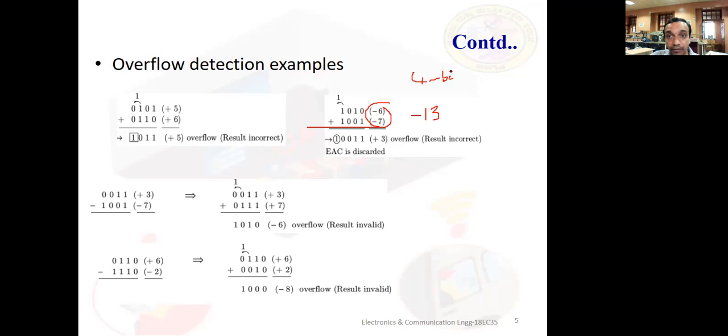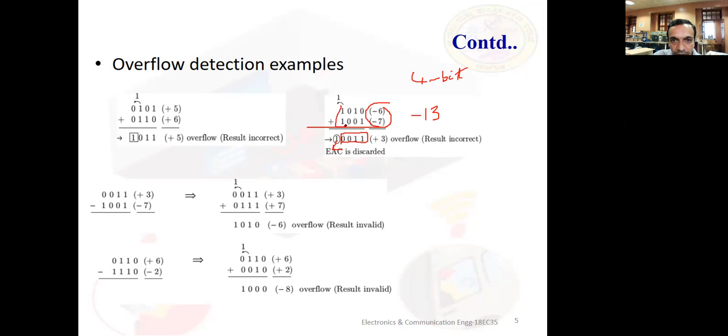Of course, if you go for a 5-bit system, the numbers are different. In any n-bit system, if the result of the computation is outside the representable range, then we say it is an overflow. This is the end carry, which is discarded because I'm looking at a 4-bit system, so my result should fit in 4 bits only.